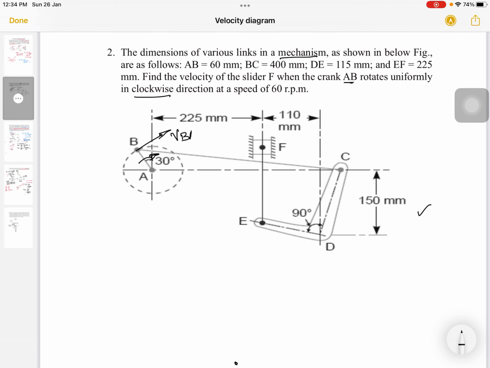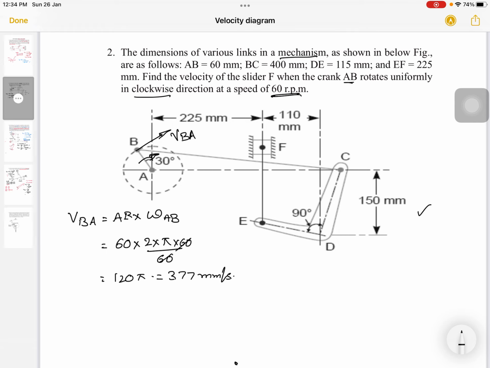What is the velocity of B with respect to A? It depends on the link length AB and omega AB. The angular velocity is 60 rpm, so it is AB length times 2 pi n by 60, which is equal to 377 mm per second.